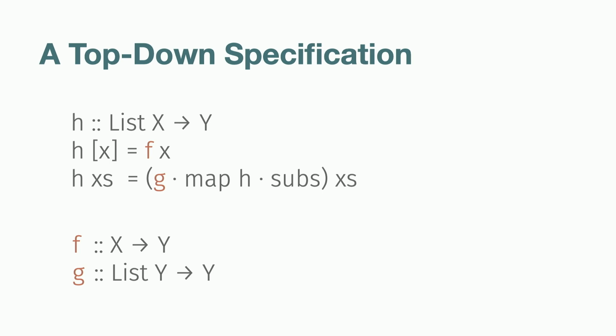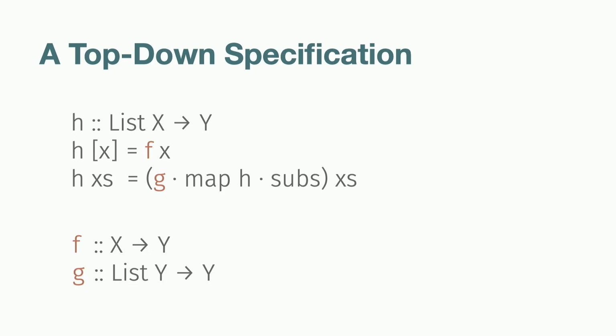Then our top-down function can be specified by 2 functions f and g. For the sake of presentation, we are going to consider only non-empty lists in this talk and in the paper. So the base cases are singleton lists, for which we apply the function f to get the value we want.